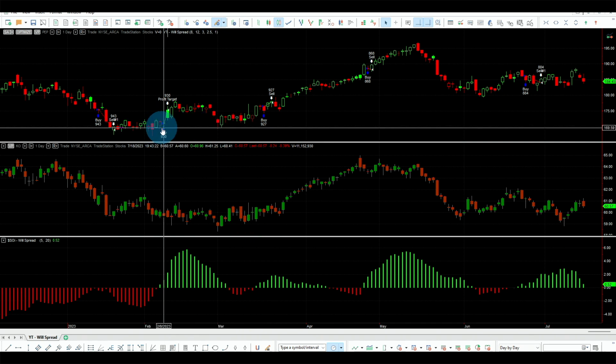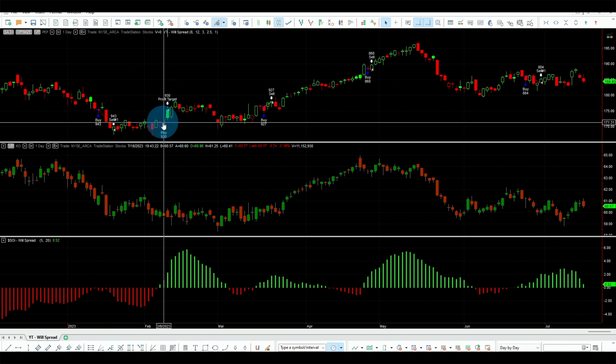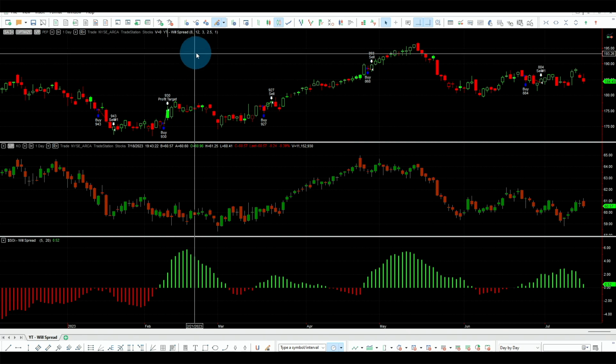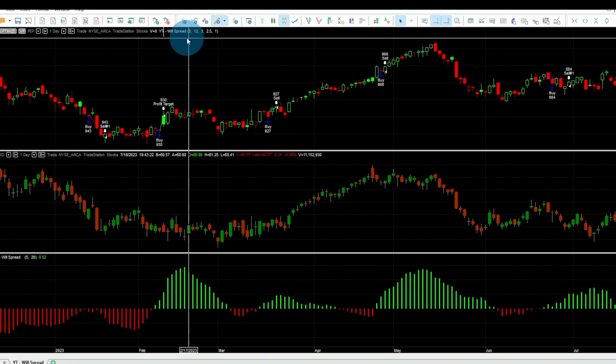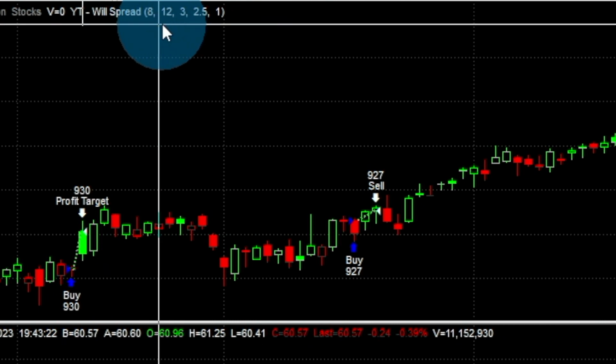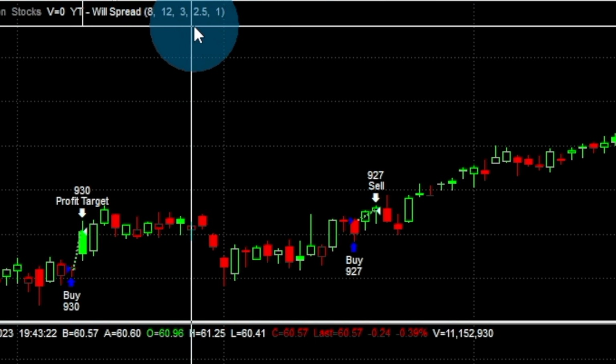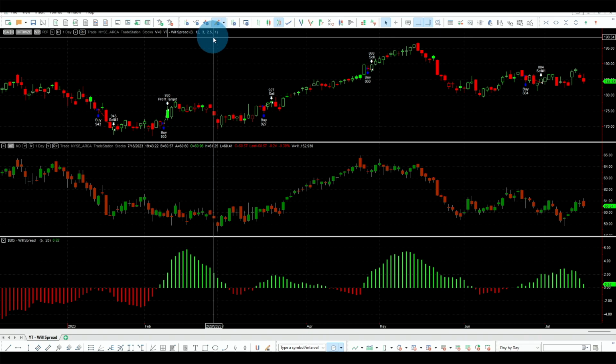And we do the same. We buy when it switches to green, and we have our profit target, stop loss, and number of bars. In this case, the fast exponential moving average is 8 periods, the slow exponential moving average is 12 periods, 3 bars to exit, 2.5 ATRs for stop loss, 1 ATR for profit target.